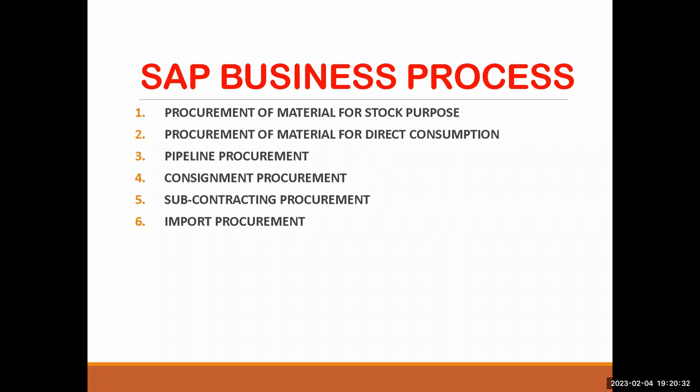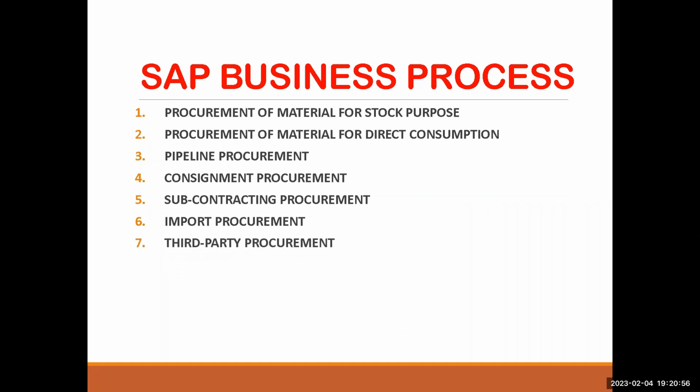They are importing coal, gas or petroleum materials from other countries. So in that case it comes under import procurement, when the company and the supplier are both in different countries, okay?